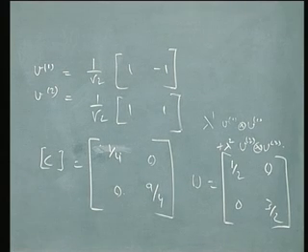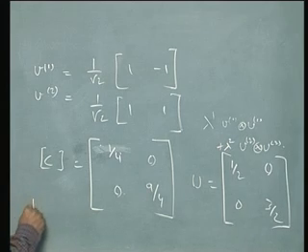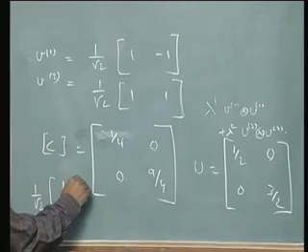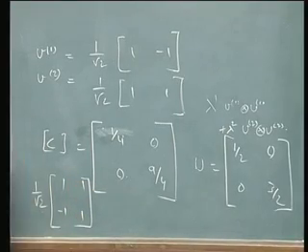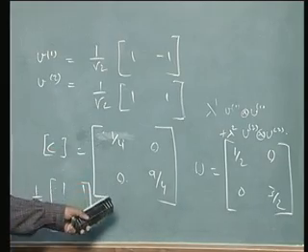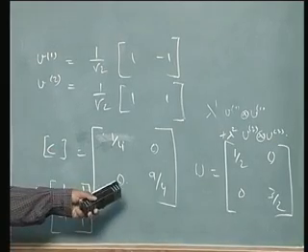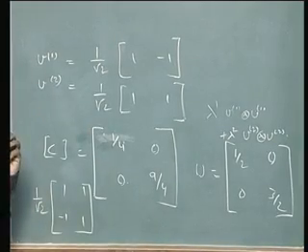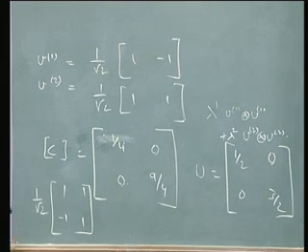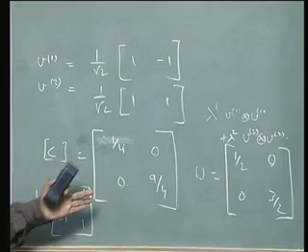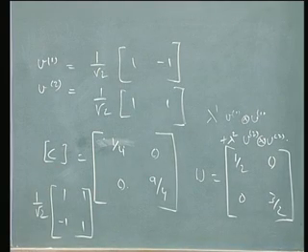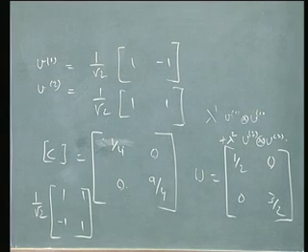So in other words, the basis can be written as 1 by root 2, 1 minus 1, 1 and 1. This multiplied by u multiplied by the transpose of this would give me the value of u in my old coordinate system. So, let us see how we do that.